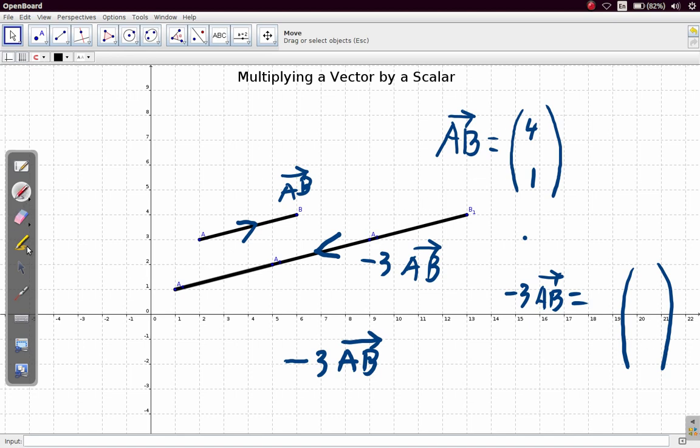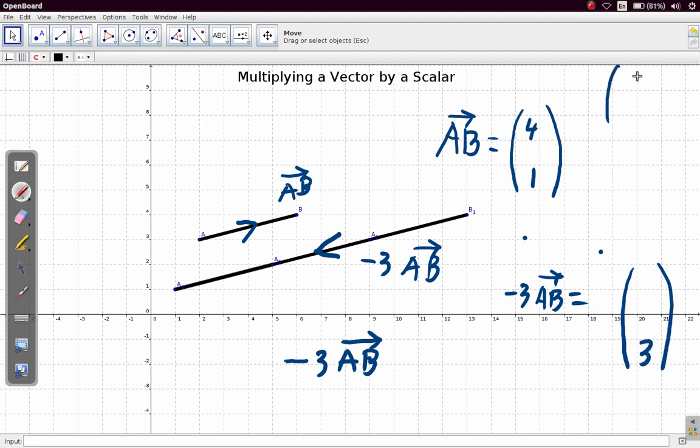Let's look at the vertical component. We're beside this end. Let's go down until we are right beside this other end. 1, 2, 3. We go down 3 to get to the vertical component.